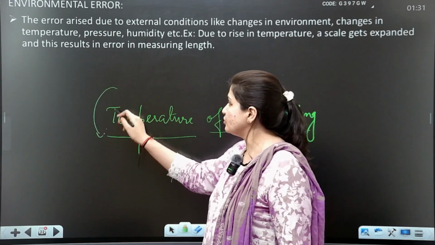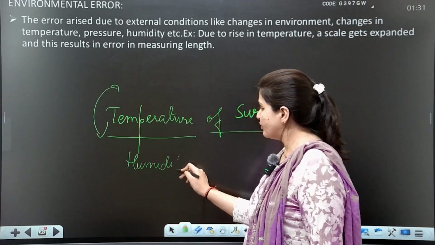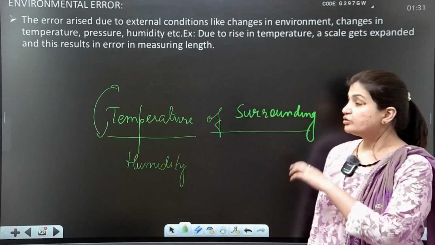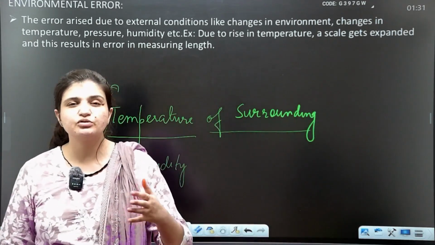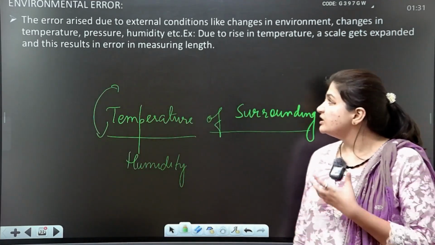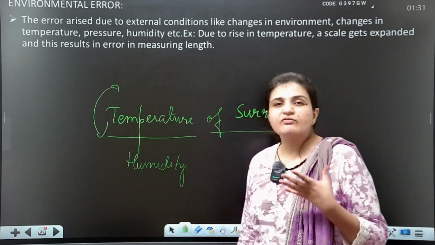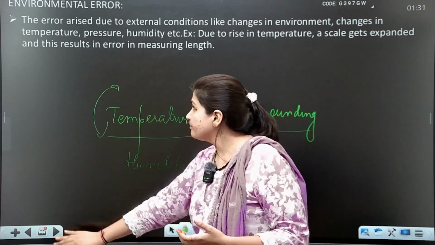There can also be the reason of temperature or humidity changing. So the error which comes due to factors related to the environment, temperature, humidity, leads to environmental error.